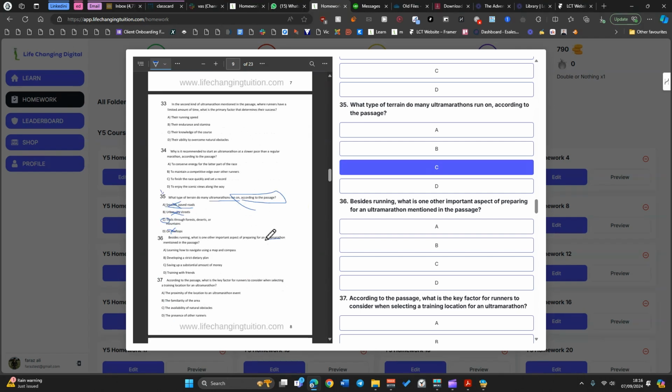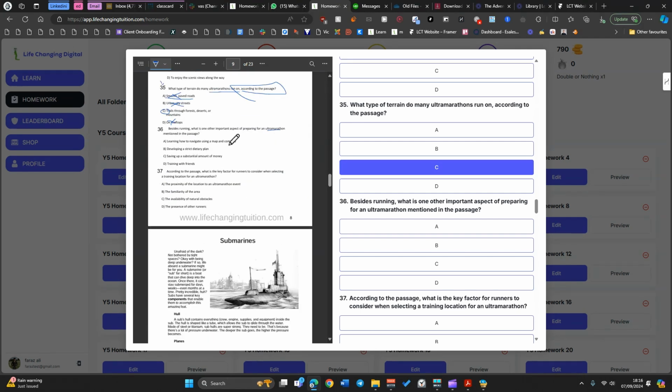So let's see what our options say here. Learning how to navigate a map, that's not mentioned. Developing a strict dietary plan, that is not mentioned either. Now we've got saving up substantial money. That is only really needed if you are going to the ultramarathon in Antarctica. So training with friends is what we're left with.